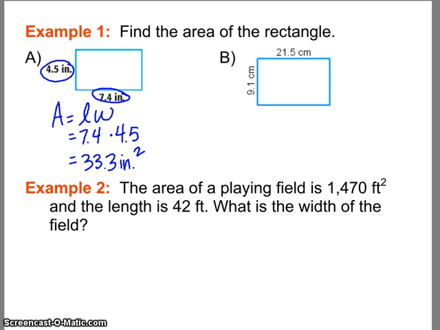Okay, letter B. Again, this should be somewhat of a review for each of you. Once again, we're looking at a rectangle, so we're going to pull out our rectangle formula, length times width, and let's plug it in. Our length is 21 1/2. We're going to multiply that by our width.